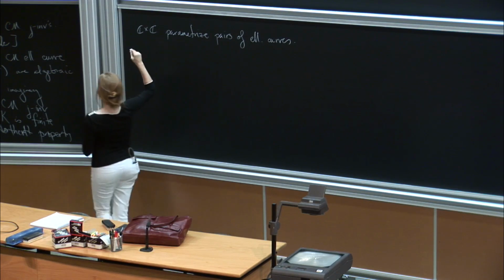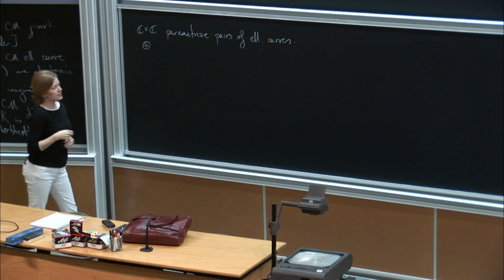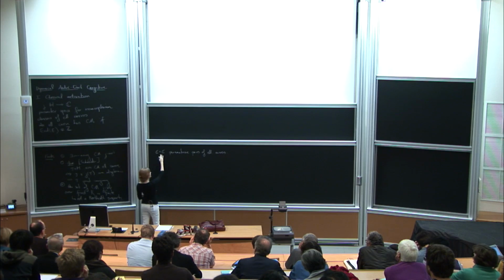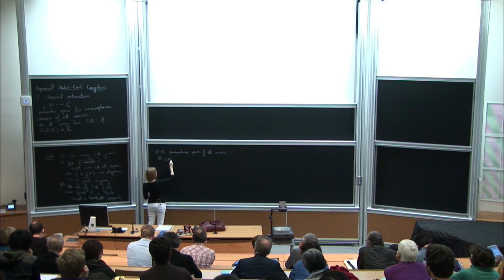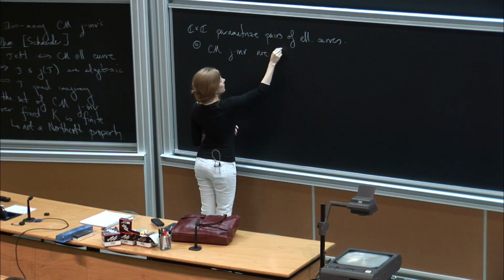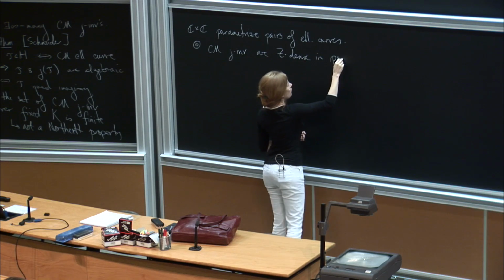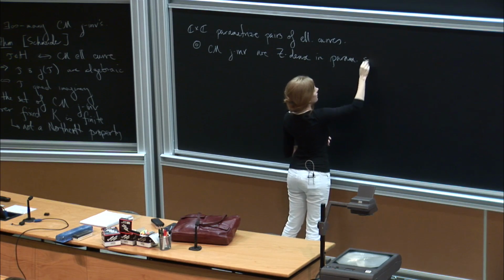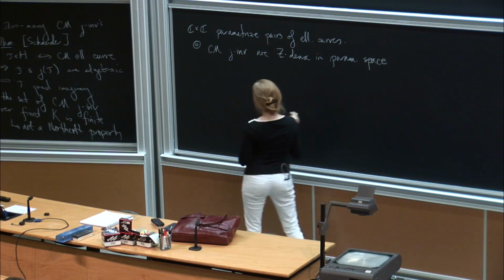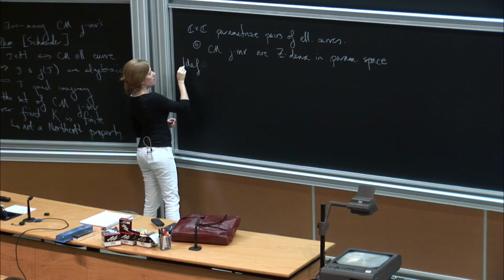In this setting again, this collection will be Zariski dense in the parameter space. What do I mean by a CM J invariant in this case? So let's make a definition.